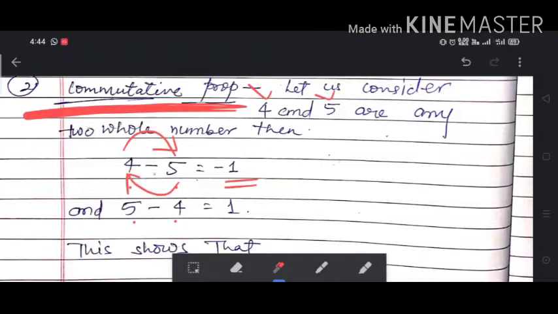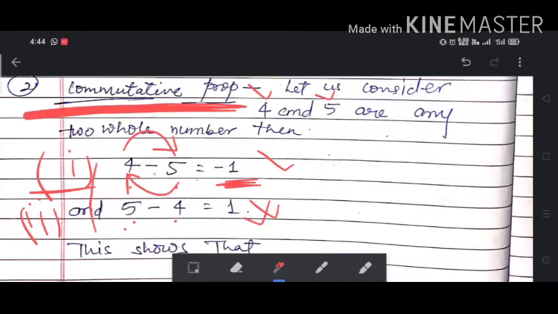So in the first case, we subtract 5 from 4 and we get the difference as -1. In the second case, when we subtract 4 from 5 we get the result as 1.